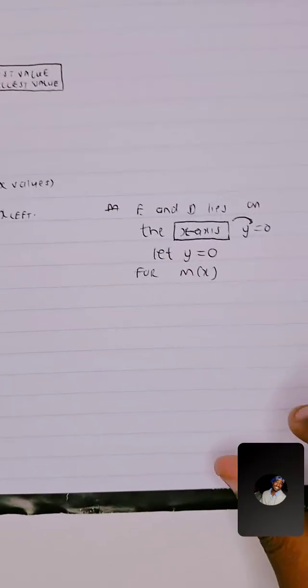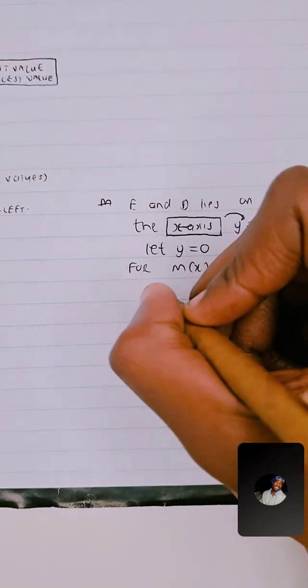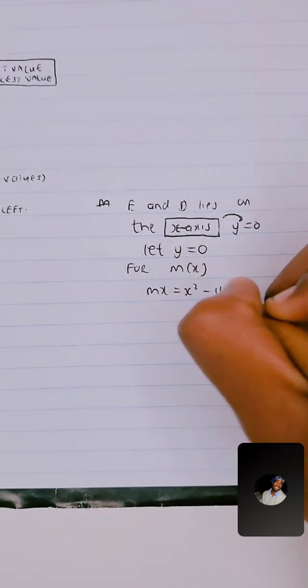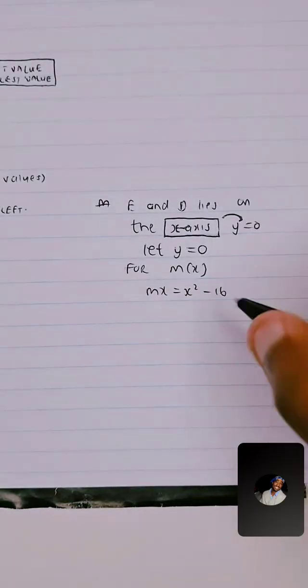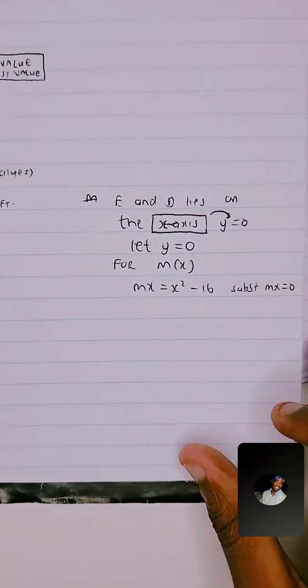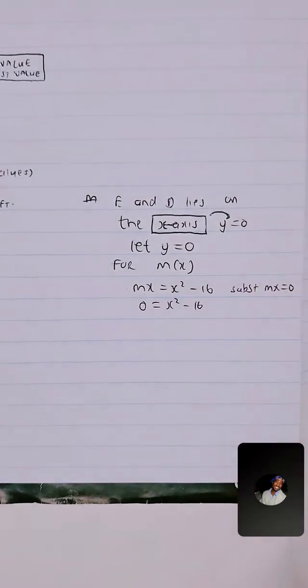Yes. Let's go and do that. We know m of x is equal to x squared minus 16. We substitute 0 in the place of m of x. So 0 is equal to x squared minus 16.